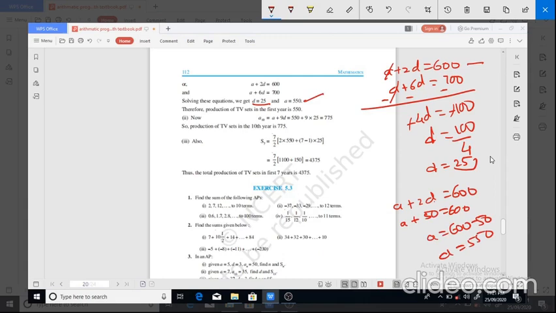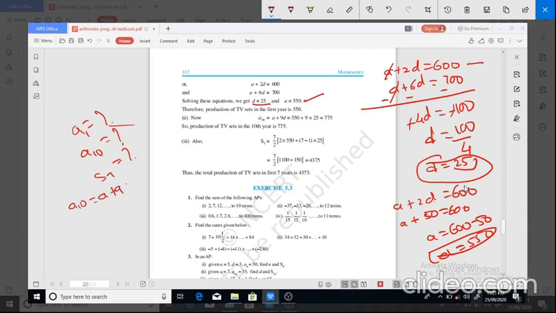So we know now the a value and the d value. And next, what's the question? Actually the question is, we have to find a1, a10 and S7. Okay, we already know a1 is 550. And a10, how can we find a10? a10 equal to a plus 9d. a is 550 plus 9, d is 25.